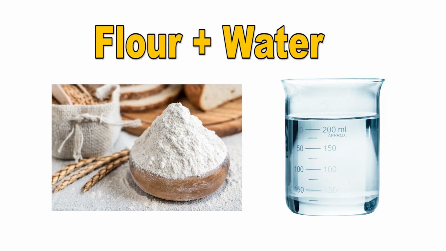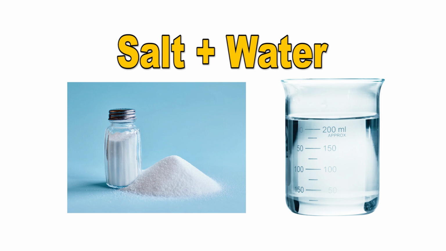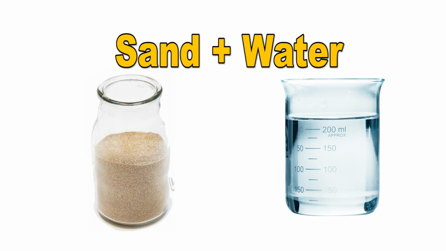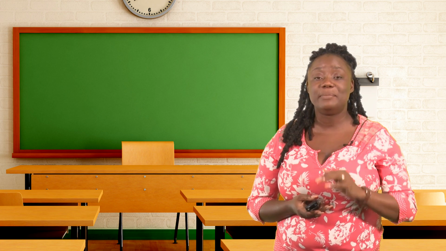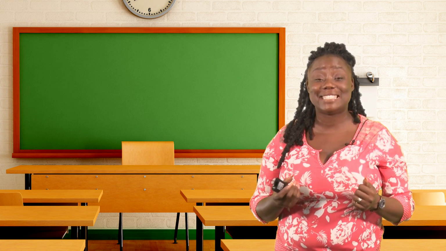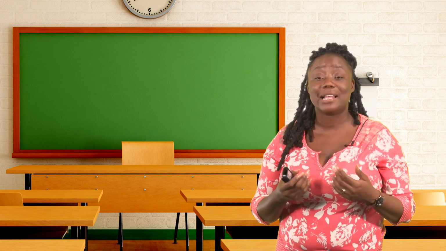The first one, flour plus water, sugar plus water, salt plus water, alcohol plus water, and sand plus water. Take a minute, boys and girls, to get this done. I am so excited to see how my little scientists will classify these beakers.